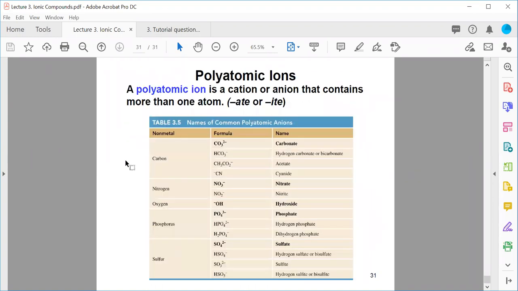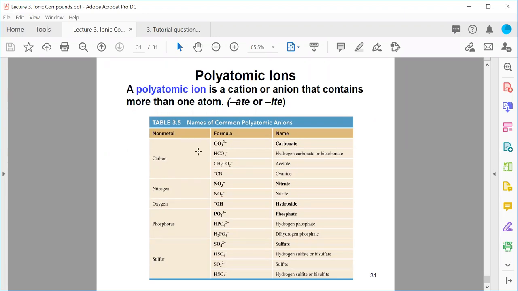All right, and our final slide. Now here we have some excellent examples of ions, but unlike the ionic compounds that we've been looking at in this lecture, this is a different class of ions, and they're called polyatomic ions. So you clearly see why they're ions, because they are charged.